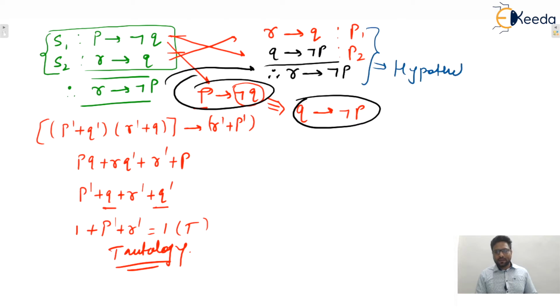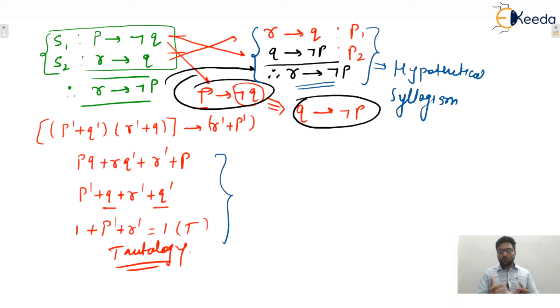So if you remember the rules of inference, then directly without simplification you can conclude that this is hypothetical syllogism, and that is a valid argument, because all rules of inference are valid arguments.